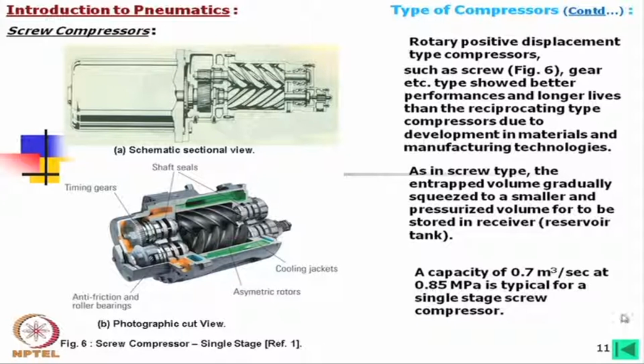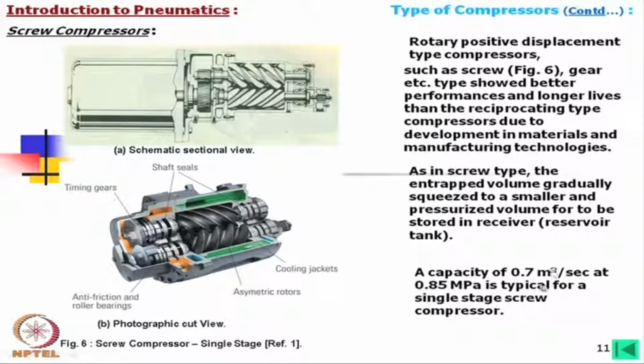Now, to assess the size of such a machine, 0.7 meter cube per second is the capacity, and 0.85 megapascal is typical for a single stage screw compressor. So, single stage screw compressor means it is not very high pressure, 0.85 megapascals and 0.7 meter cube per second.